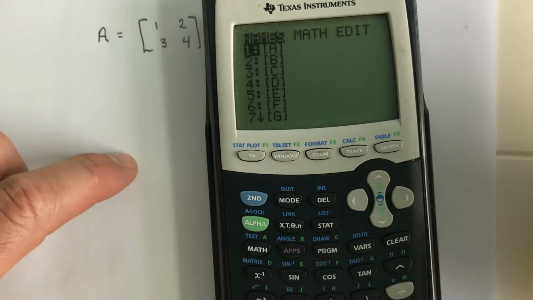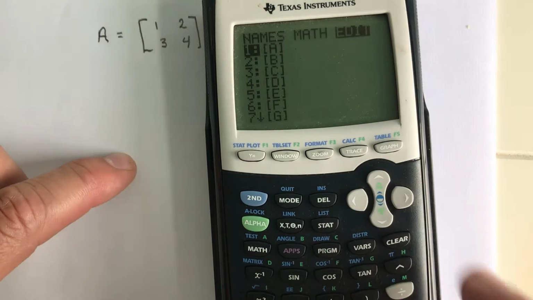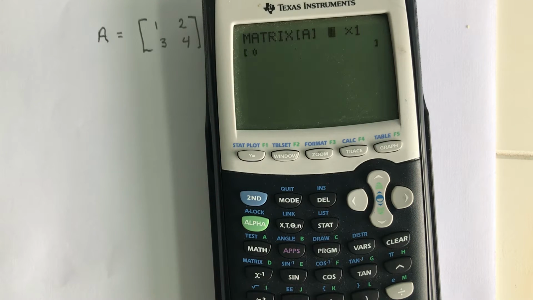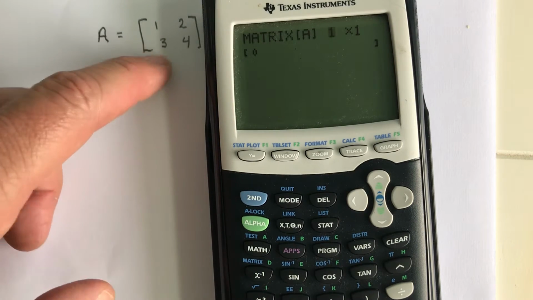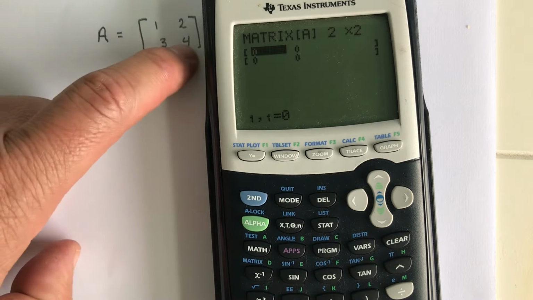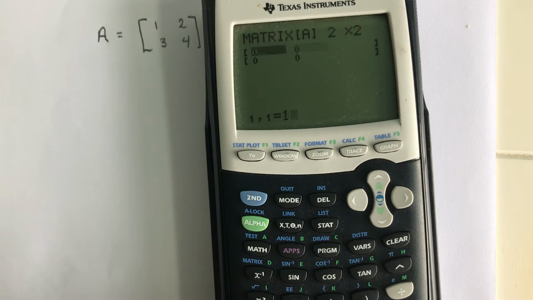I would like to edit matrix A. So you go over, edit. Then it asks you, what do you want the dimensions to be? Well, this is a 2 by 2, so I'm going to type 2 by 2 in here. Then you get a chance to type all of these elements in there. So you just hit 1, enter, 2, enter, 3, enter, 4, enter.